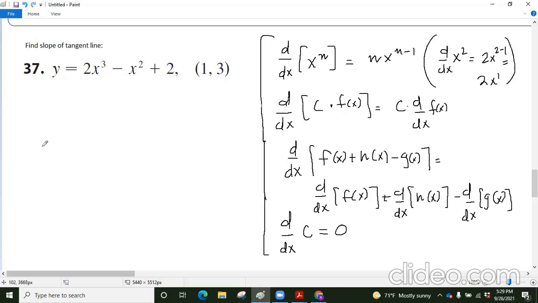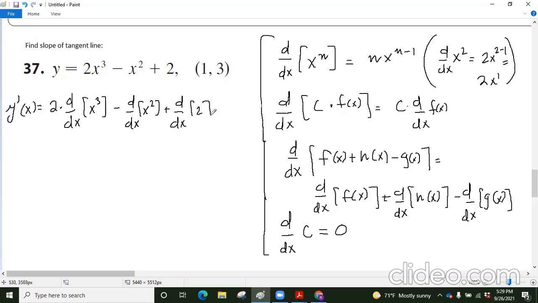So these points are to be remembered while solving this question. We'll say y prime of x equals 2 times the derivative of x cubed minus the derivative of x squared plus the derivative of 2. And we are going to apply this law. So we're going to say 2 times 3x squared.